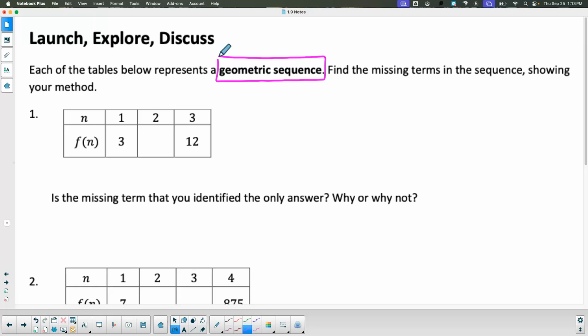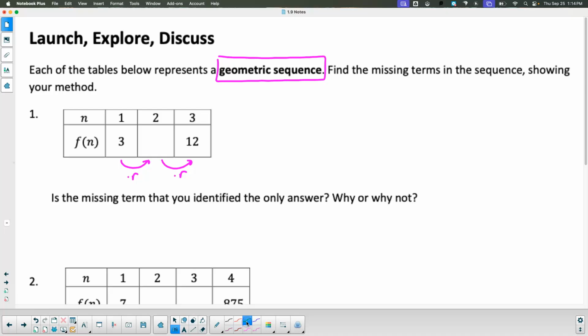So we're going to multiply by that R value. So here, we're going to multiply by R to get that missing one. Here, we're going to multiply by R to get that missing one. So it's not a very nice and neat and easy function or formula to plug into.